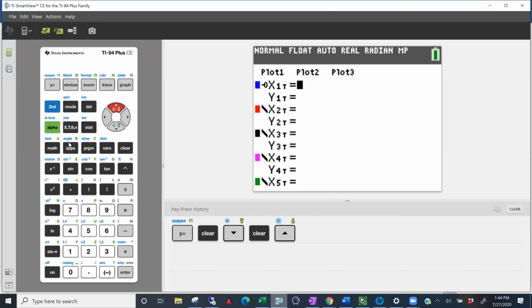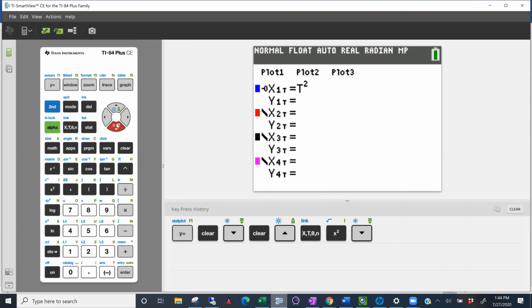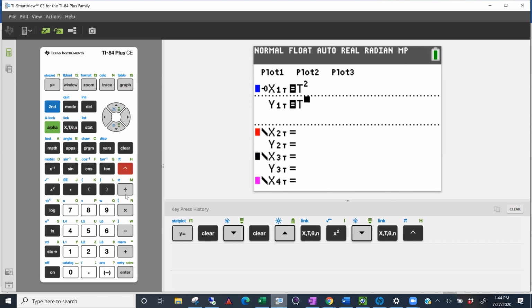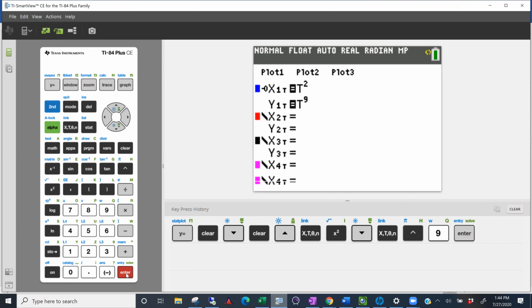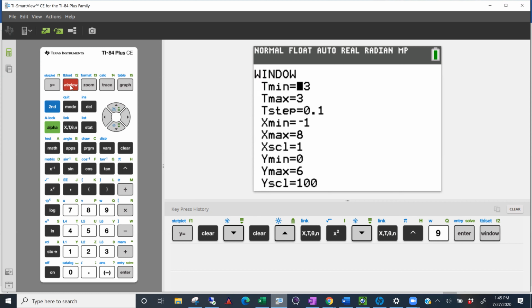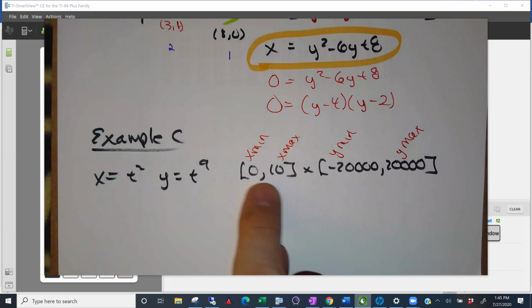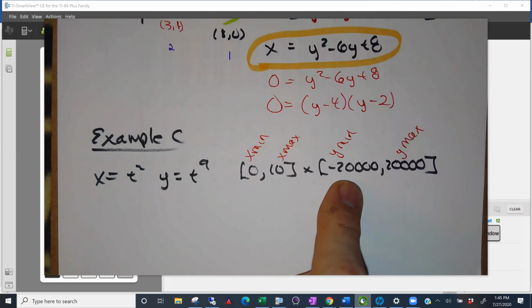So I want t squared for my x and t to the 9th. That's huge. So t raised to the 9th for y. Okay. And I think what they're looking for here is just the graph and the orientation. And we can eliminate a parameter without too much fuss. So for my window, this is where I want to use these settings. 0 to 10, -20,000 to 20,000.